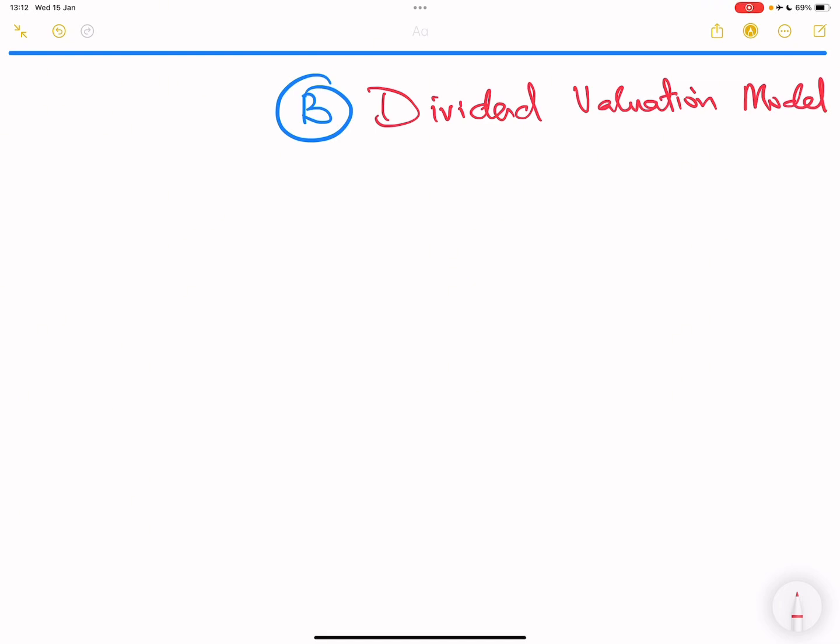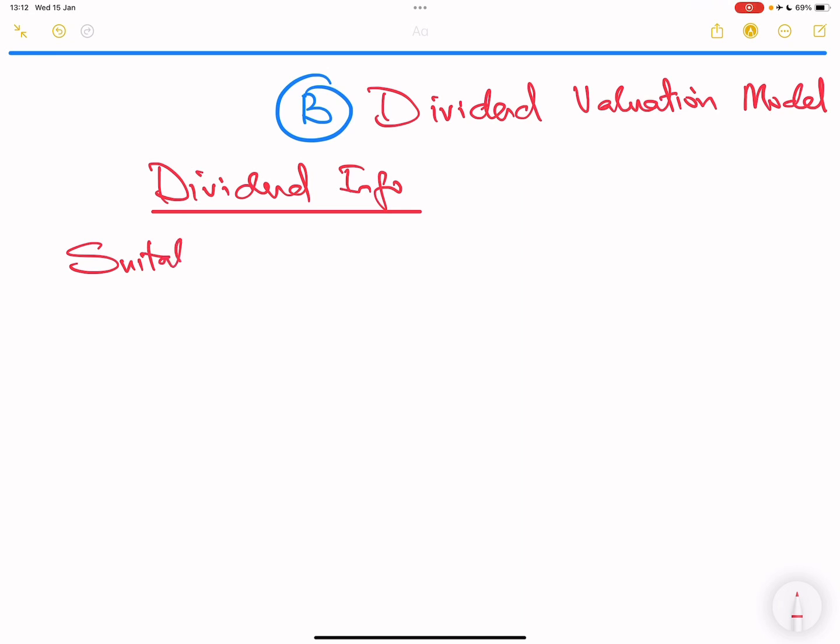This is very similar to what you've learned in cost of capital, because this makes use of dividend information. So use the dividend information to calculate the value of the business. Yeah, so which means this is only suitable when dividend will be paid forever.